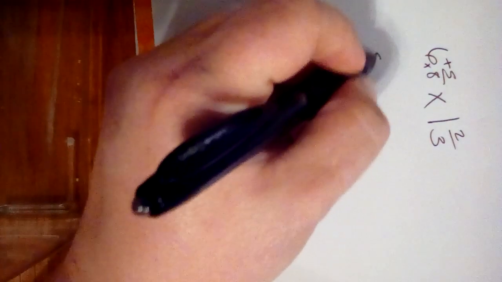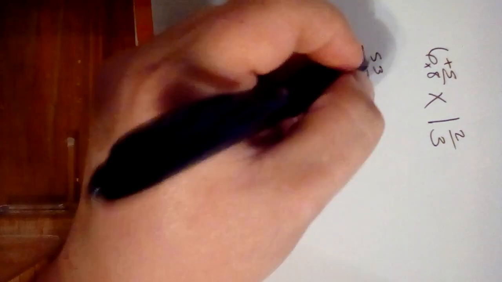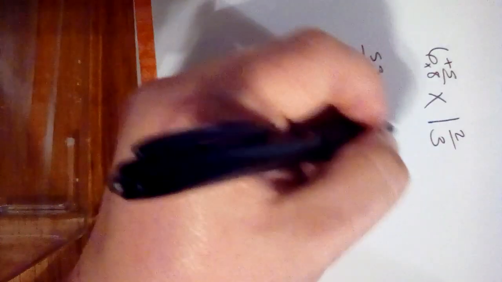8 times 6 is 48, plus 5 is 53, over 8. Then 3 times 1 is 3, plus 2 is 5, over 3.